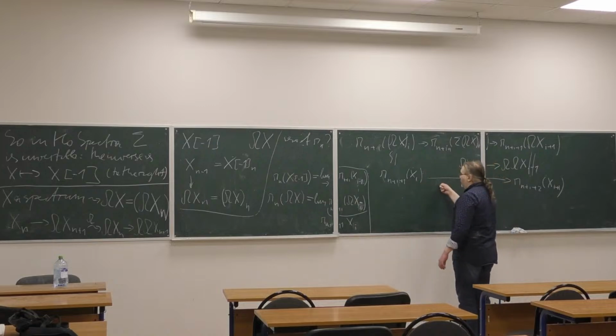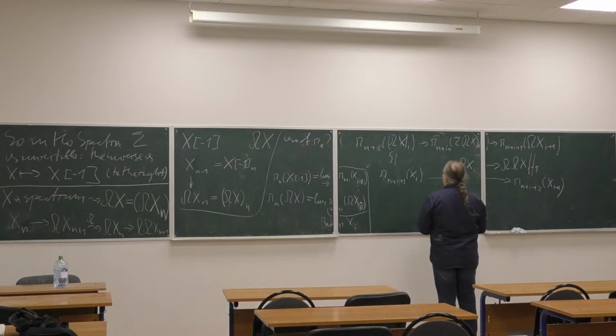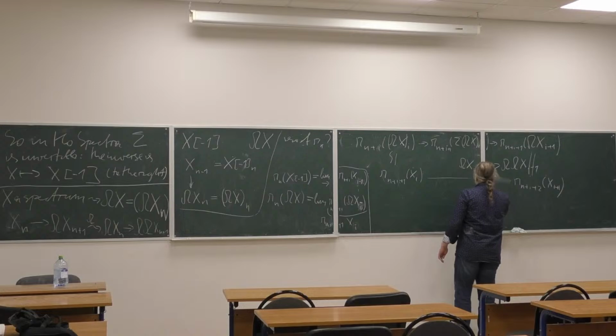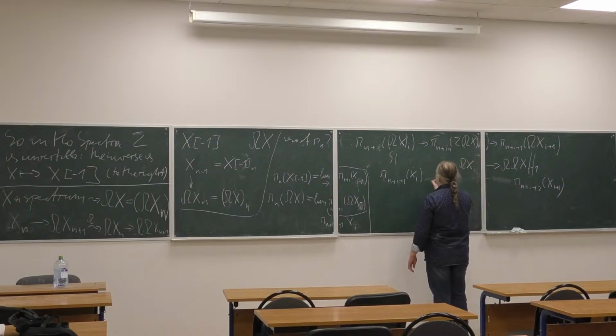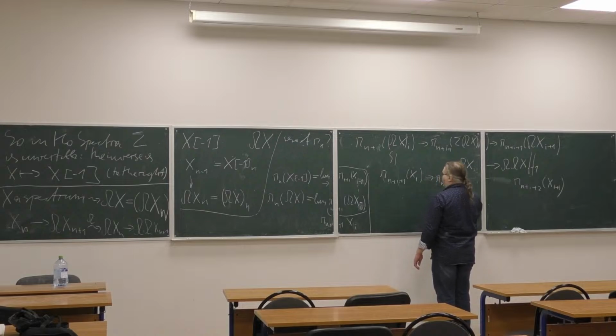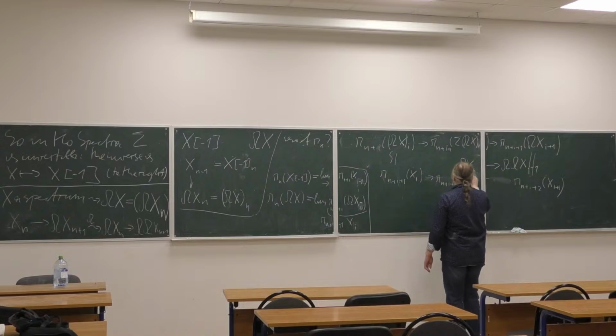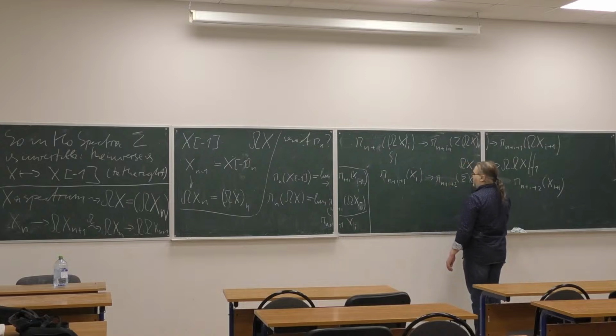And here we have, okay, so we have the same map. So pi n plus i plus 2 of sigma x i.